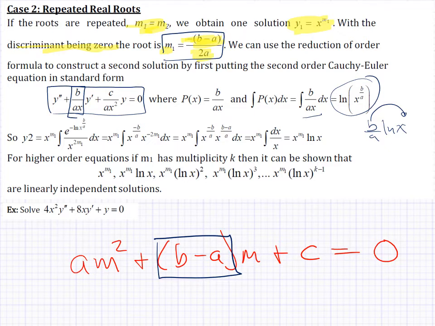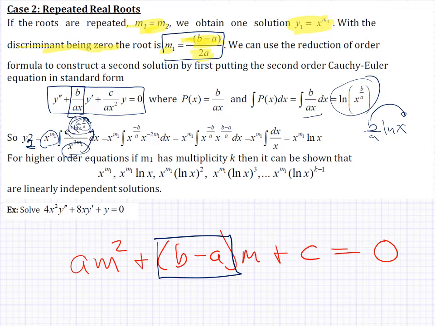All right, so then our second solution, so let's say y sub 2, is what? It's the first solution, which is x to the m1 times the integral of e to the negative integral of p of x, over x to the m1 squared, so x to the 2m1. Well, if we bring that up to the numerator here, we also cancel this by bringing this exponent in here as a negative 1, and then we would multiply it by this current one.